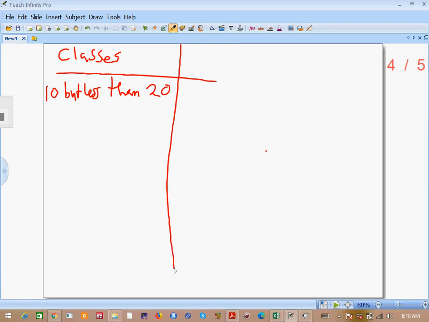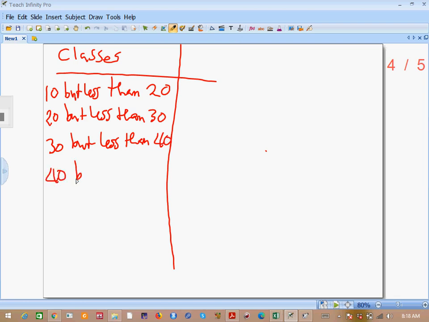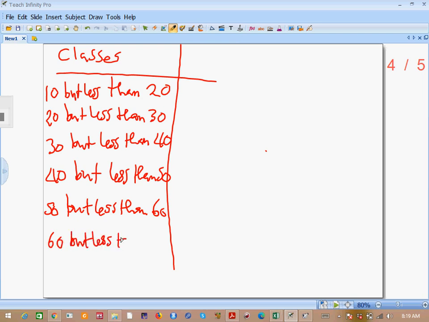We have 10 but less than 20, 20 but less than 30, 30 but less than 40, 40 but less than 50, 50 but less than 60, and then finally 60 but less than 70. Okay, so those are our classes.